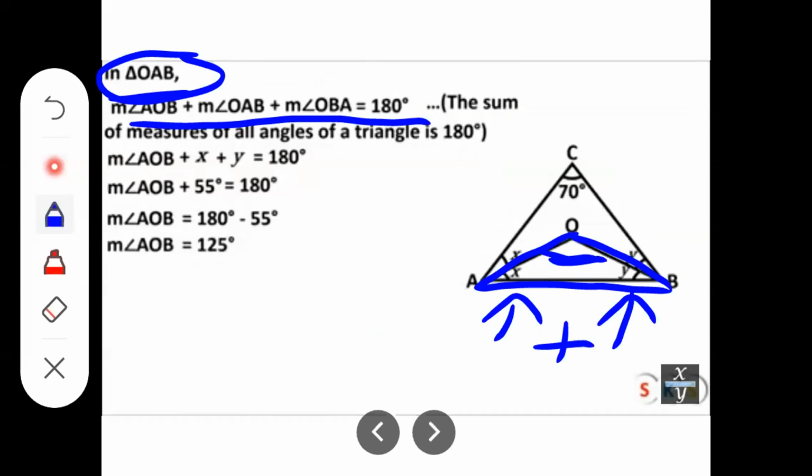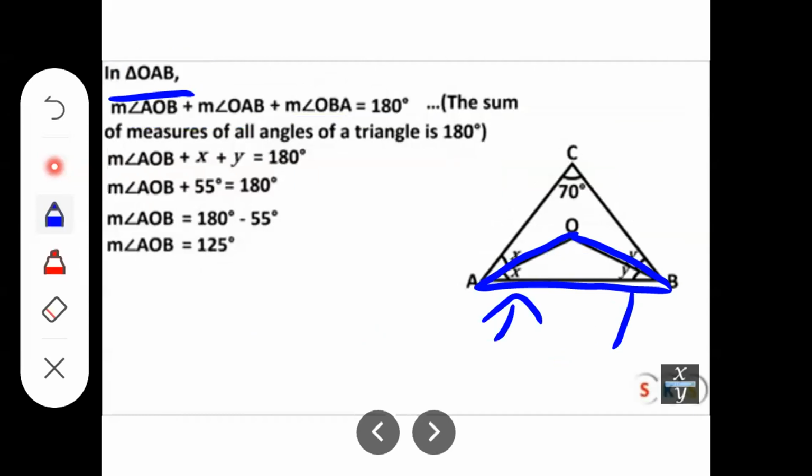Now put in the values. As we don't know the value of AOB, it stays as it is, and OAB is x degrees and the other is y degrees, equal to 180 degrees.